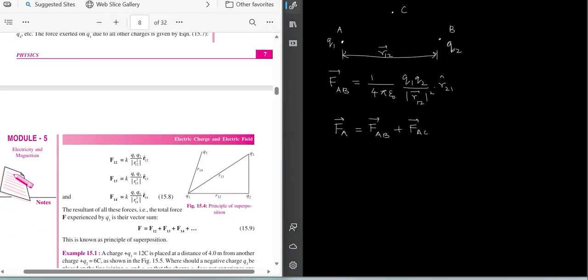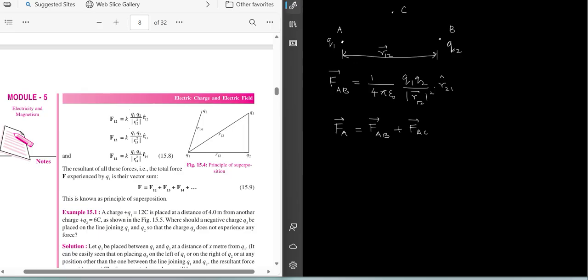So if there are more charges in the vicinity, it will simply be the vector addition of the forces on a charge due to each of the other charges, as if the other charges do not exist. That means if there are three charges, don't consider three charges; just consider two charges A and B and see what the force on charge A due to charge B is, that is this. Then consider the other scenario where only charge A and charge C are present. What is the force on charge A due to charge C alone, that is this.